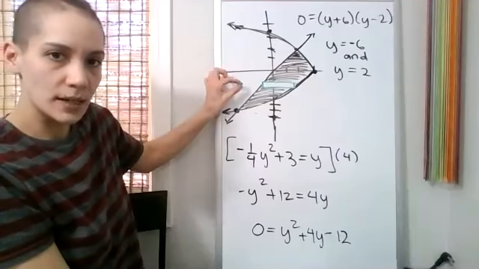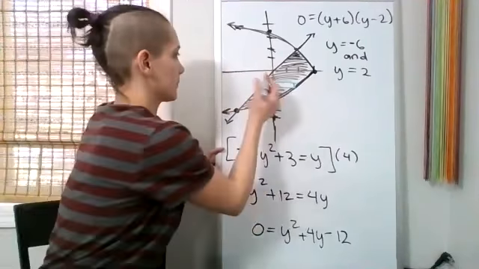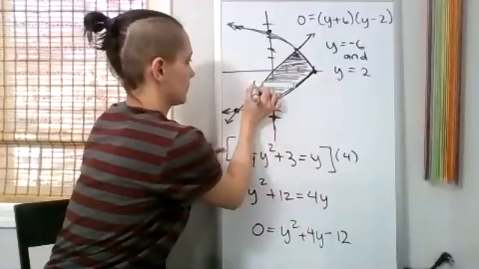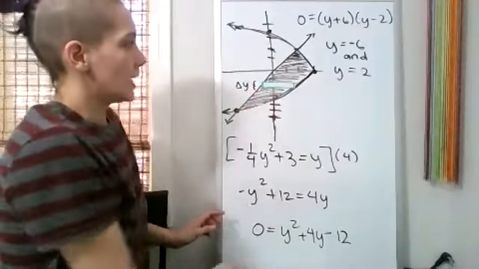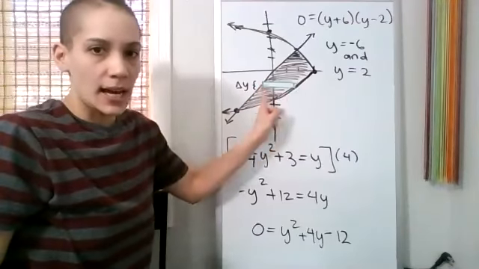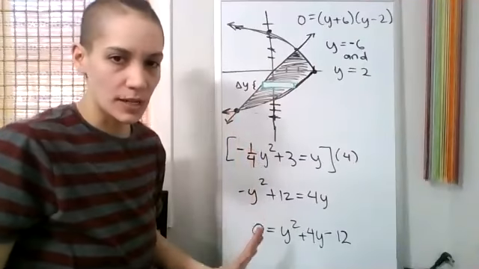It's going to have a width of change in y, delta y. And then we want the height to be a positive number. So we'll talk about that in a sec.